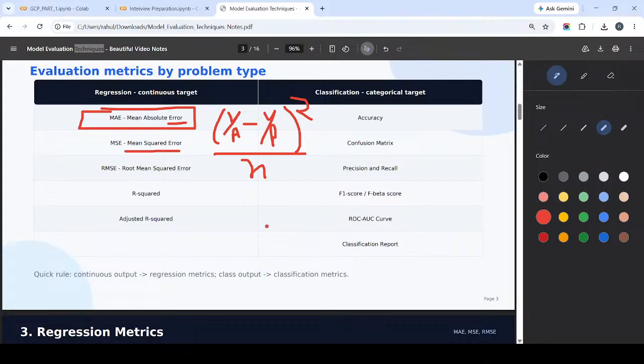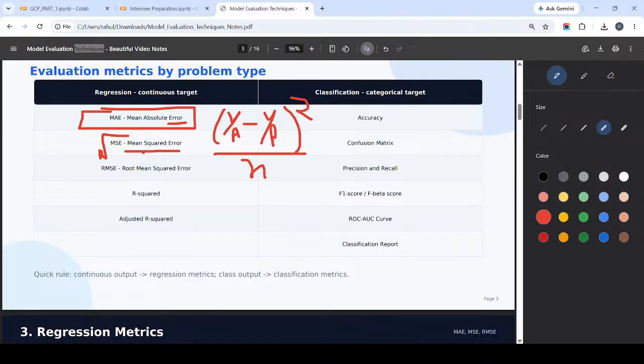Then comes root mean squared error, RMSE. It is the square root of the mean of the squared error. If we take the square root of this mean squared error, that becomes root mean squared error.